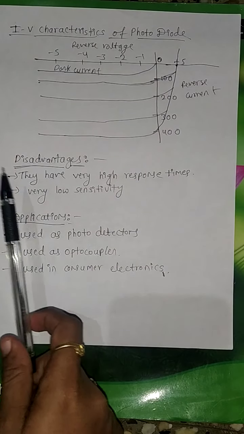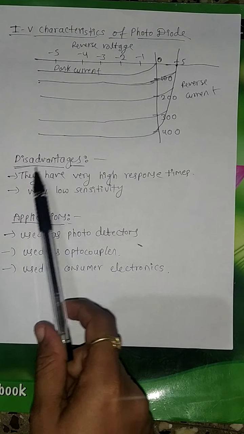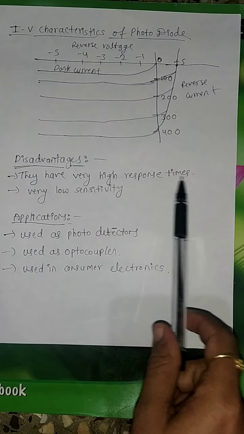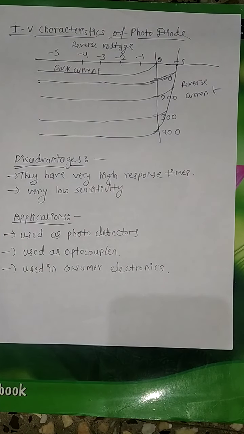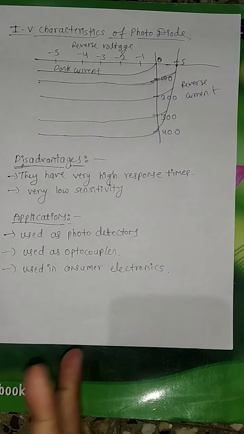What is the disadvantage? The first thing, they have very high response times. Means what? In a very short time it will start to respond. So what will happen? Suppose you connect to the battery, as soon as you connect, the photodiode starts to work.